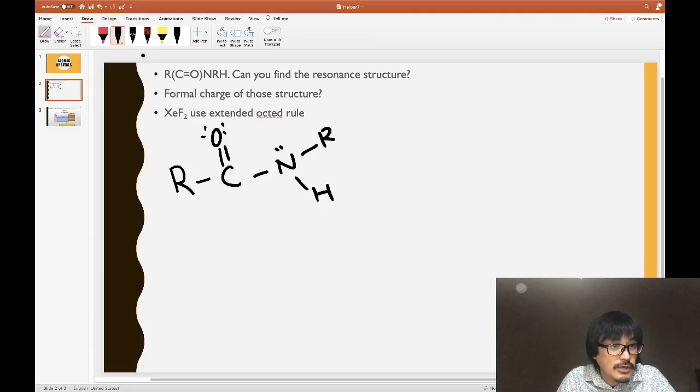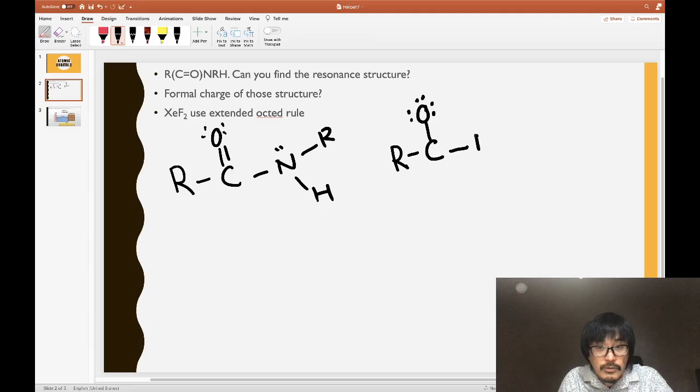So let's just try to find the resonance structures. When I try to do these resonance structures, the key is to not violate the octet rule. So, for example, I can undo this double bond right here and make a single bond here.